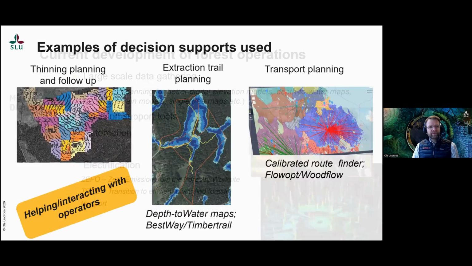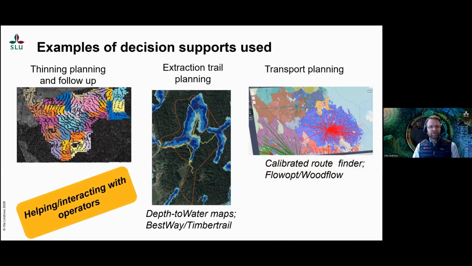So here are some examples of decision support tools that are already used, and there are tools that are used to follow up work in terms of how thinnings have been done, both in terms of how much should be thinned in different areas, not just taking an area and saying to the operator, do exactly the same thing everywhere, and then they can adapt.